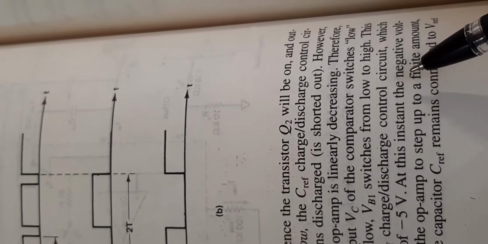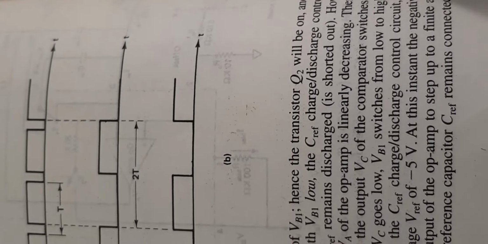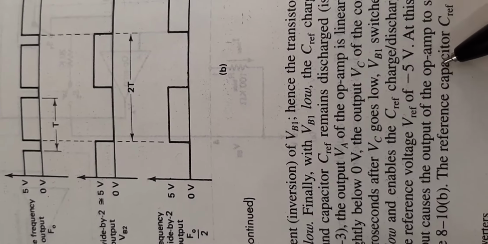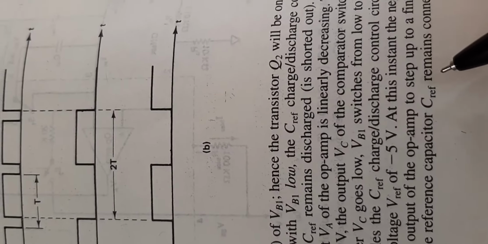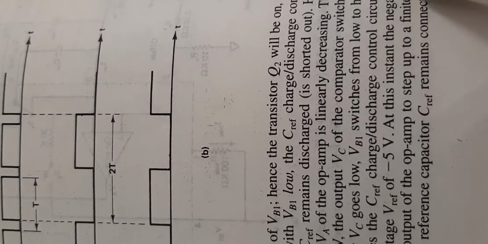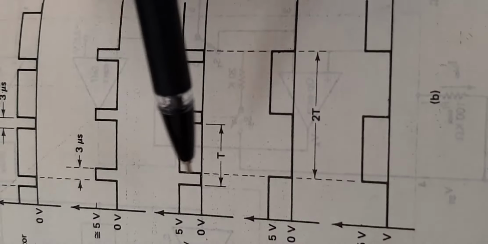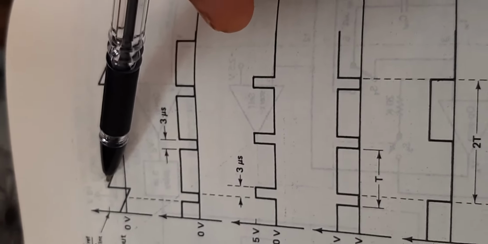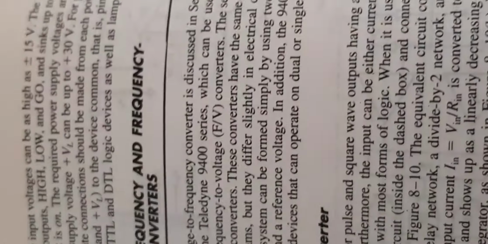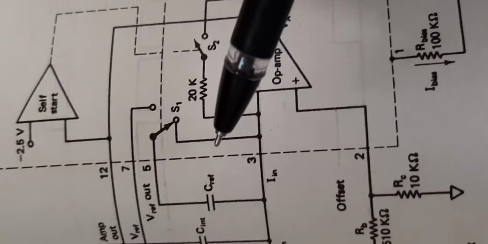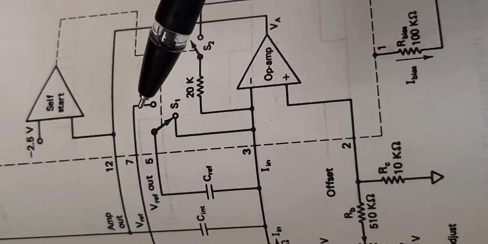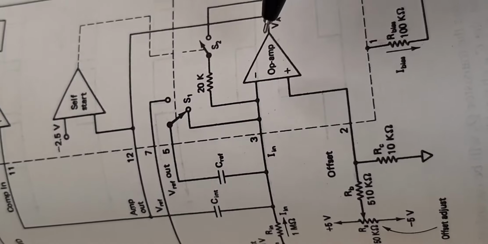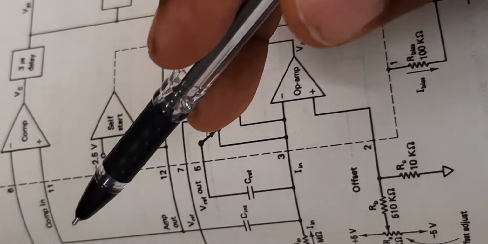At this instant, the negative voltage at the negative input causes the output of the op amp to step up to a finite amount. So at this position the output will step up to a finite amount, because suddenly when you are connecting like this, that sudden negative voltage effect will make this output a high voltage.